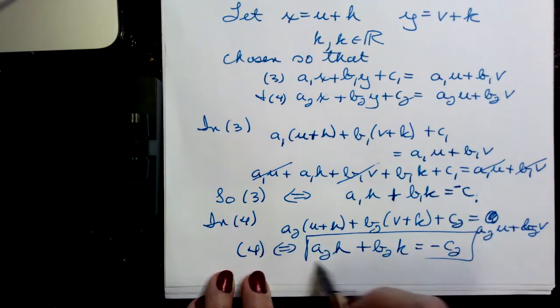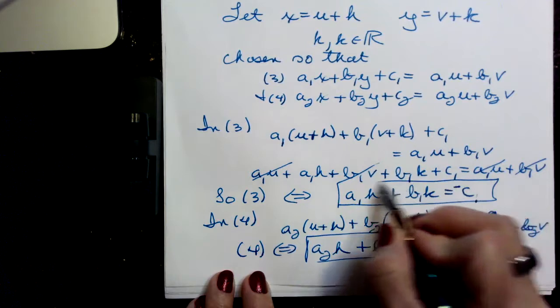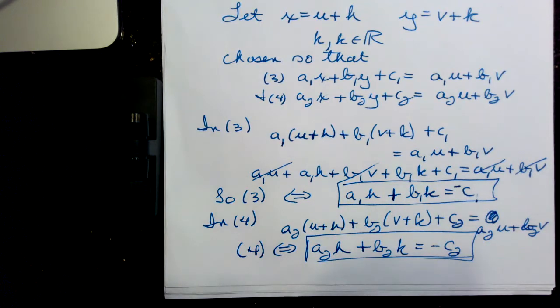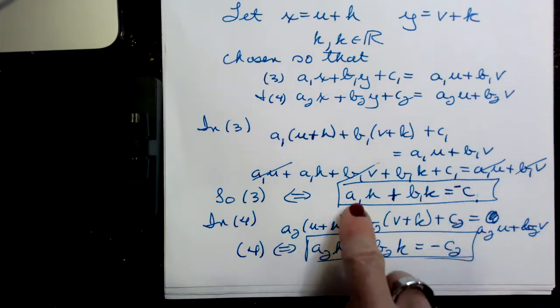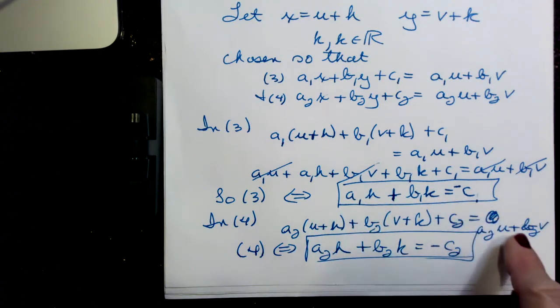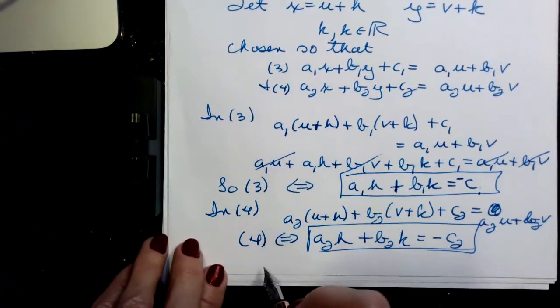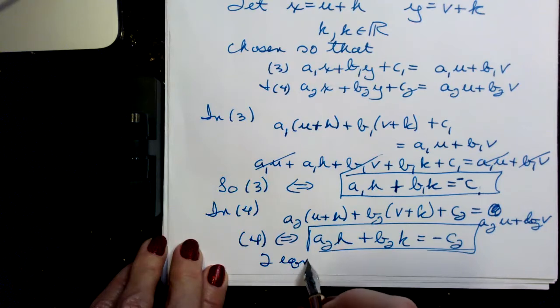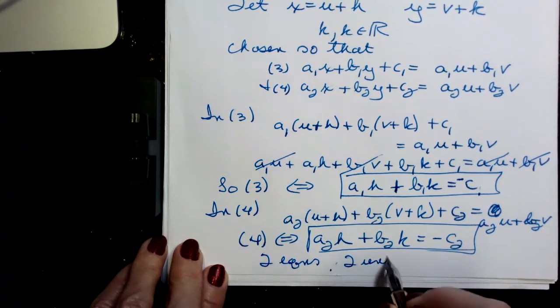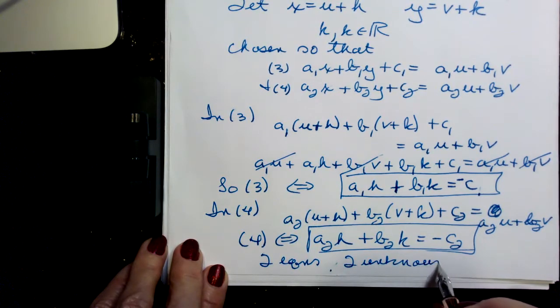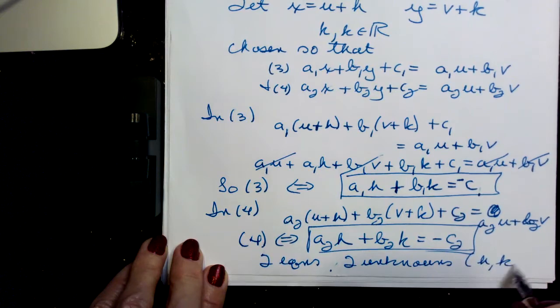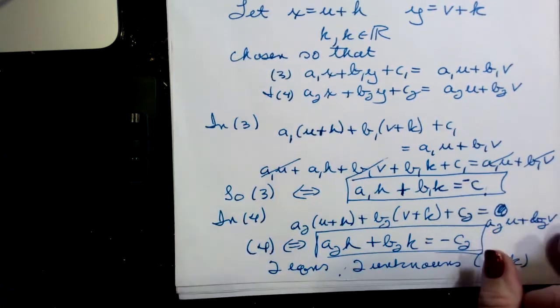So in other words, you know all the AIs, the BIs, and the CIs. So you have 2 equations in 2 unknowns for h and k, and you can solve by linear algebra.